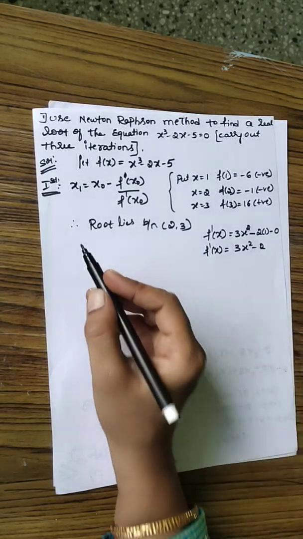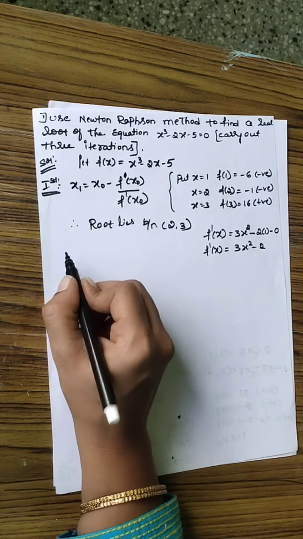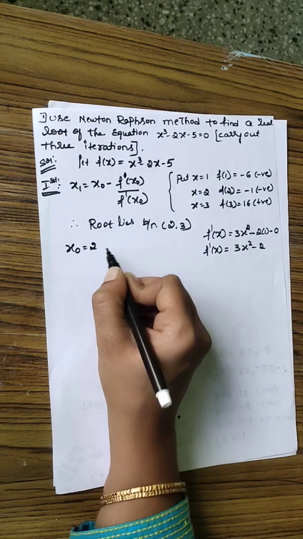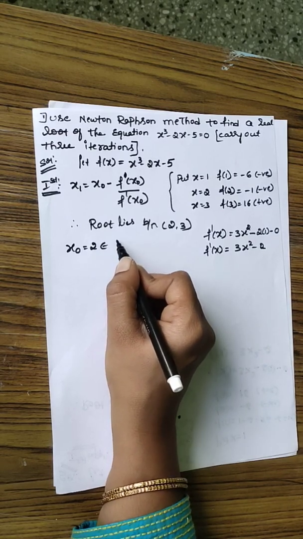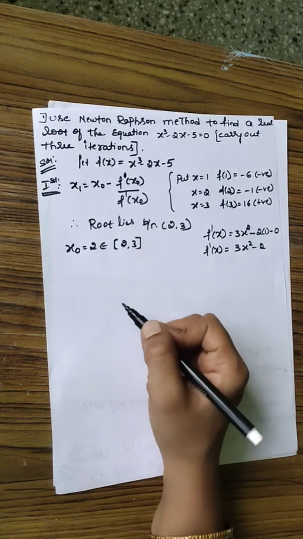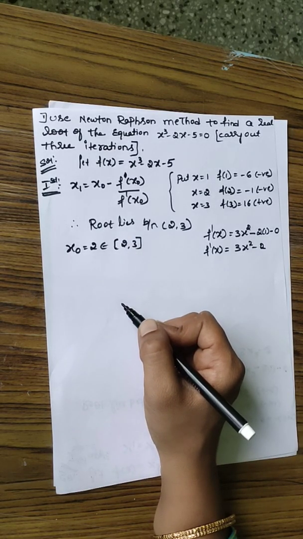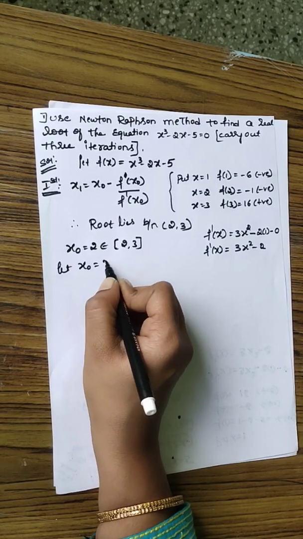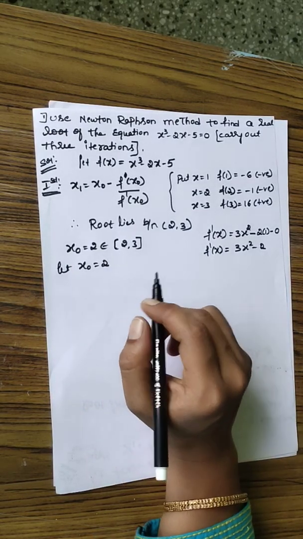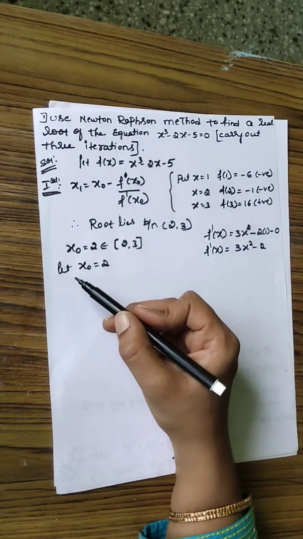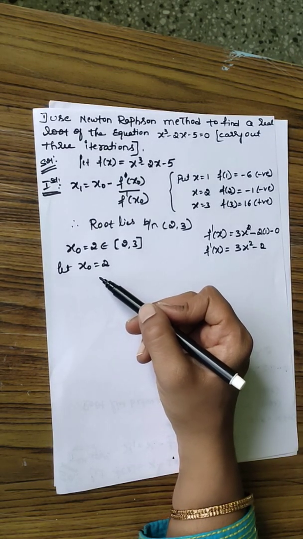Let's suppose I am choosing x naught equal to 2. So here 2 belongs to the interval 2 comma 3. We can take any value out of this interval. It will be your choice. Here I am choosing x naught equal to 2.